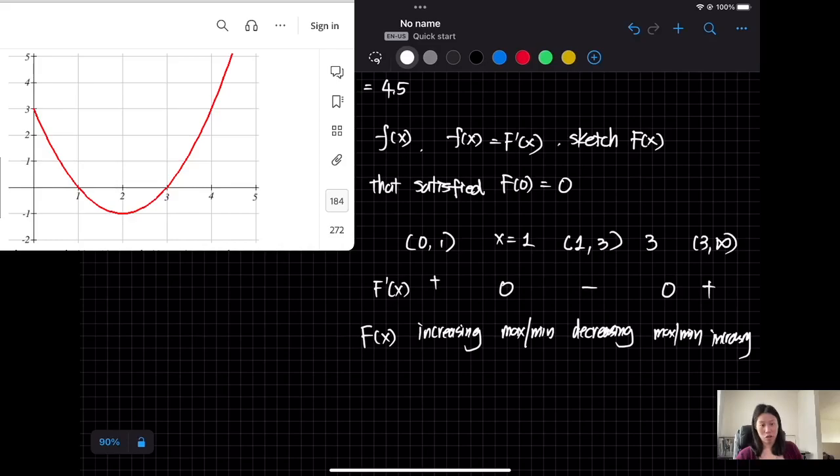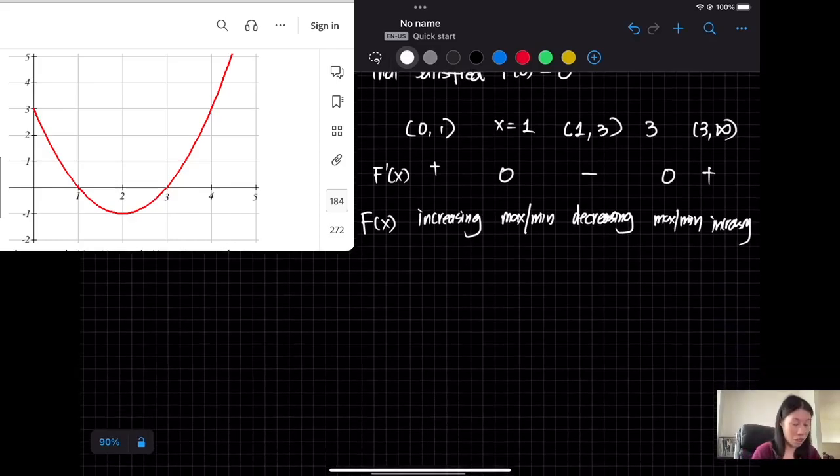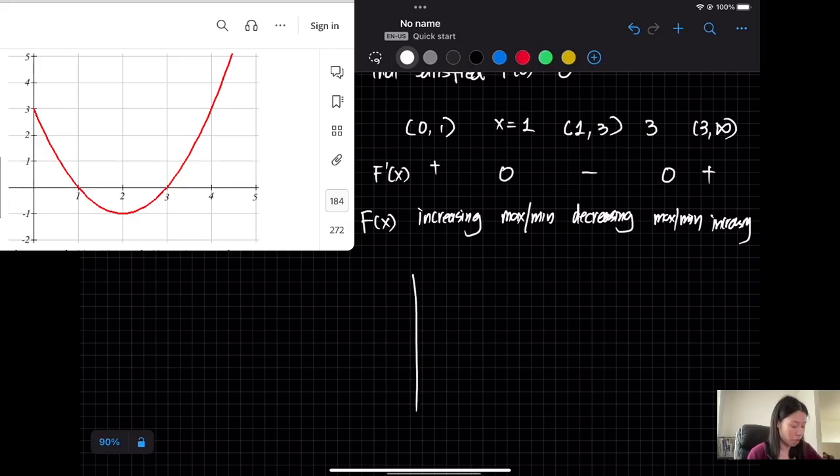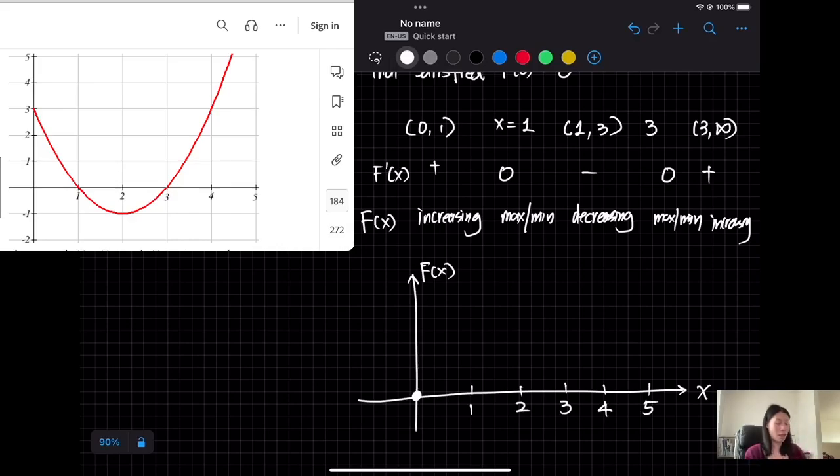All right, so now, based on this information, we can draw the graph. Now we're doing the original graph. We know that at x equals 0, we start with 0. We have 1, 2, 3, 4, 5. At 0 we're starting at 0, and then it's increasing, increasing, increasing. At 1, we know there's going to be either a maximum or minimum. We don't know yet.